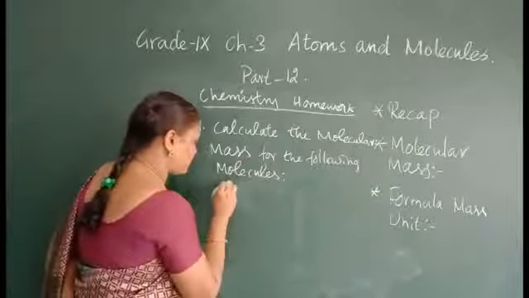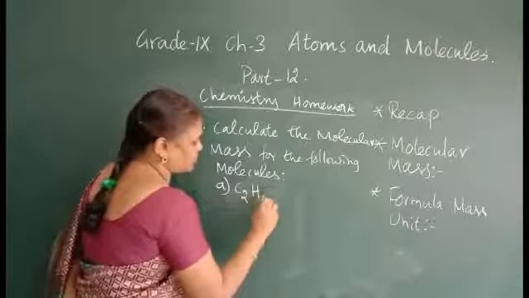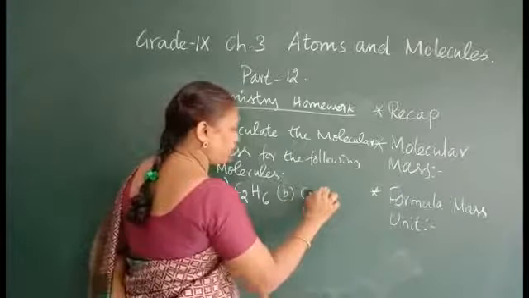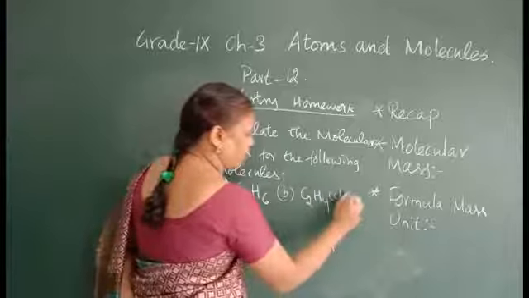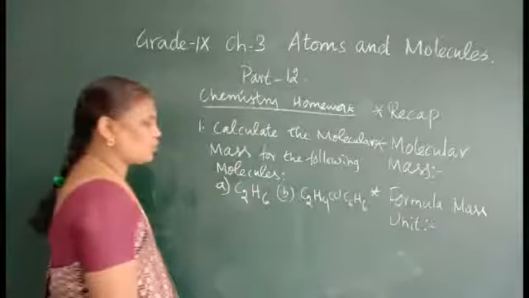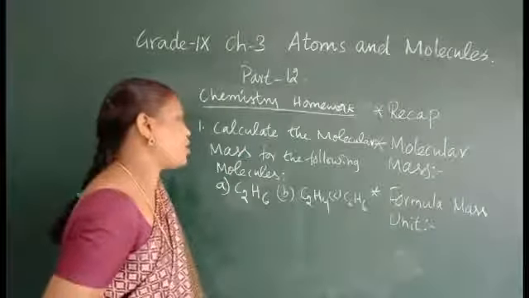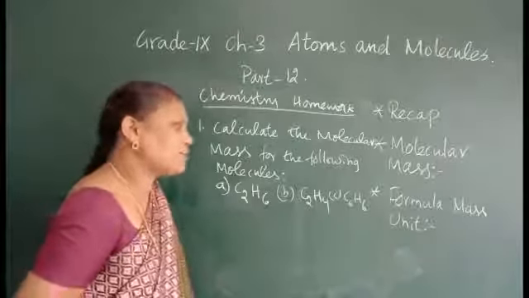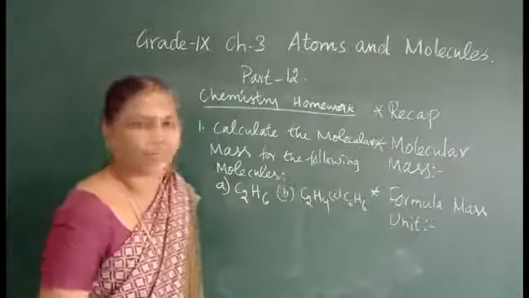First one, C2H6. Second one, C2H4. Why not always similar? We can have C6H6. So you find the molecular mass for the compounds C2H6, C2H4, C6H6.